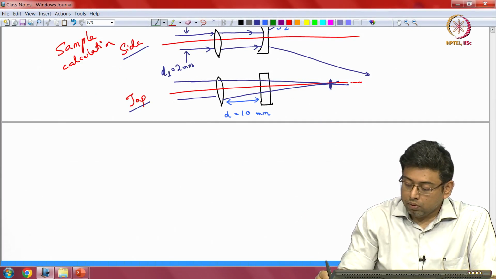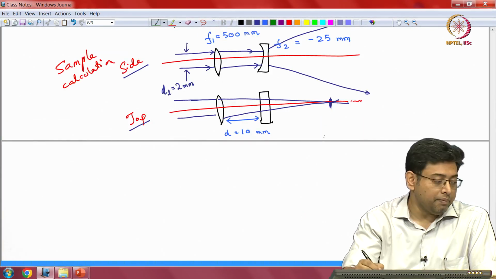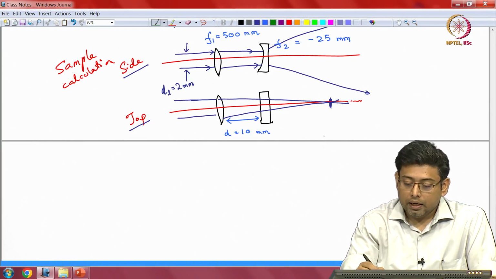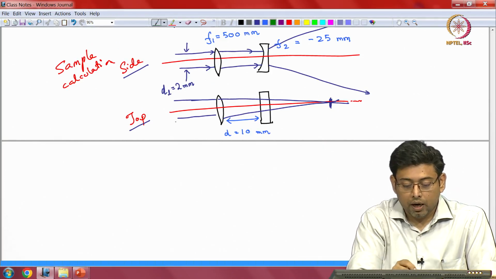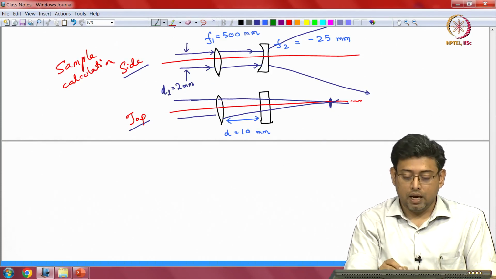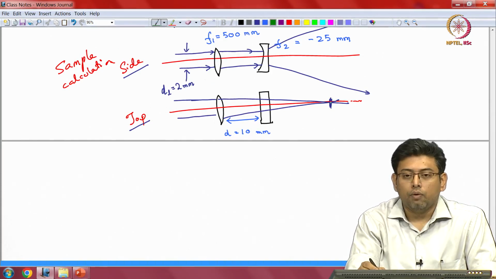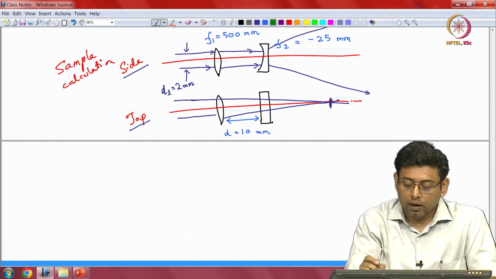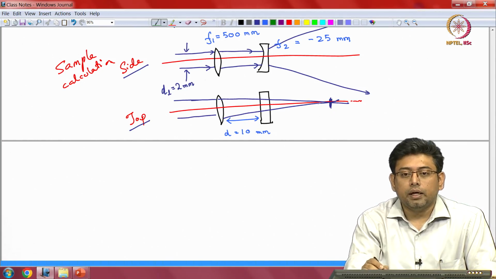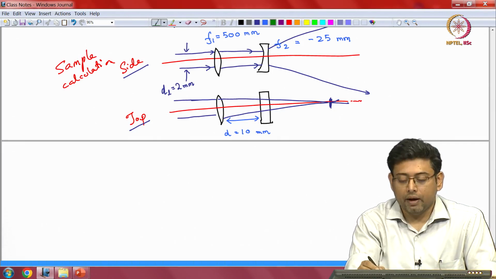Now, this location is the back focal plane, and this is where, because of the nature of the two lenses, the light rays come and become focused onto a spot. We will discuss the issue of the spot a little bit later, but in geometrical optics these two rays will come and meet at a point. So, this entire set of collimated parallel rays is supposed to come and meet at a single point here.